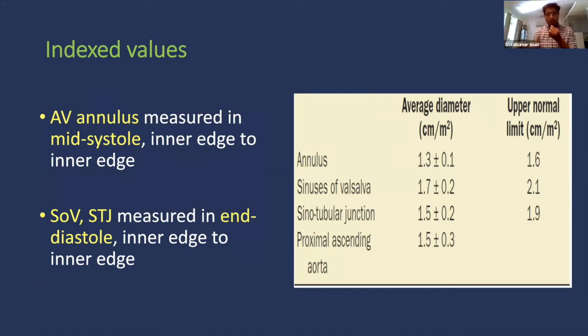This chart shows the normal indexed values for annulus, sinus of Valsalva, sinotubular junction, and proximal aorta. The annulus is measured in mid-systole, inner edge to inner edge. Same for the LVOT diameter.